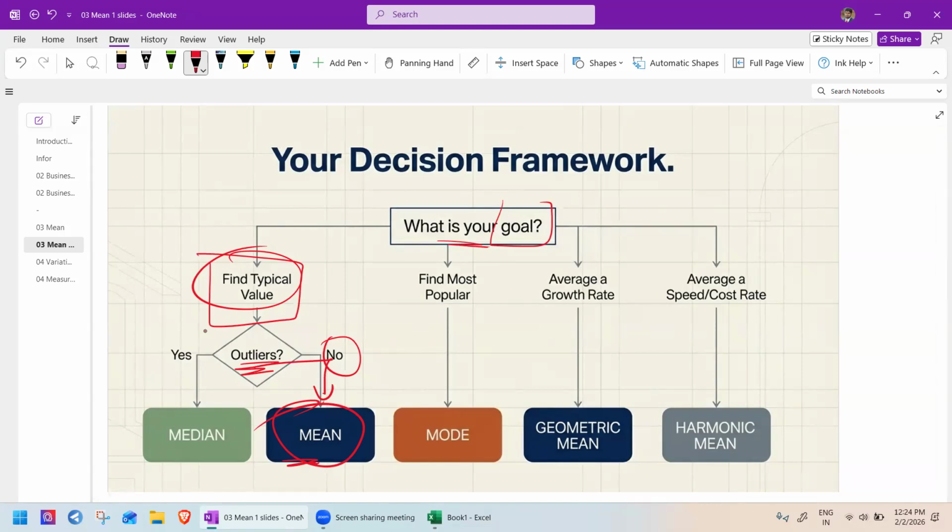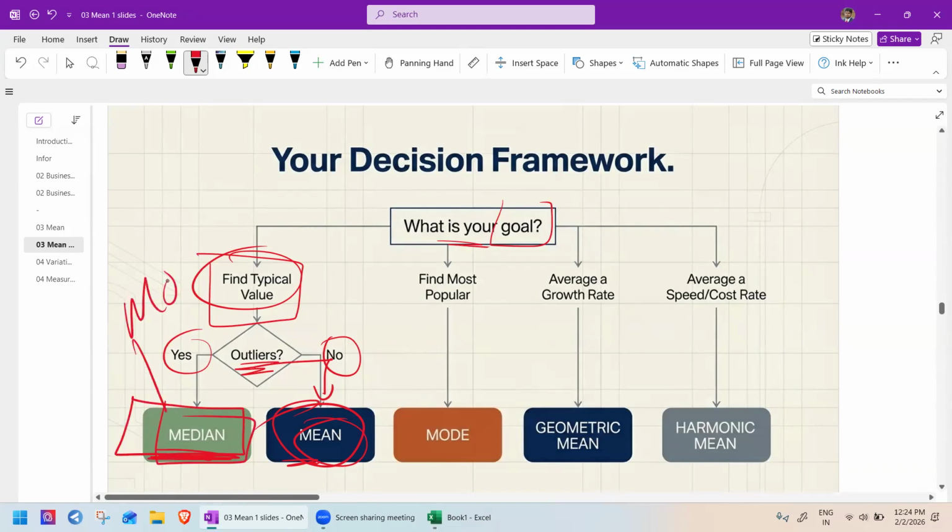When we apply the arithmetic mean, it may mislead because one extreme value may distort it. So if there are outliers, the mean may not represent the central location. Therefore we have to apply the median.